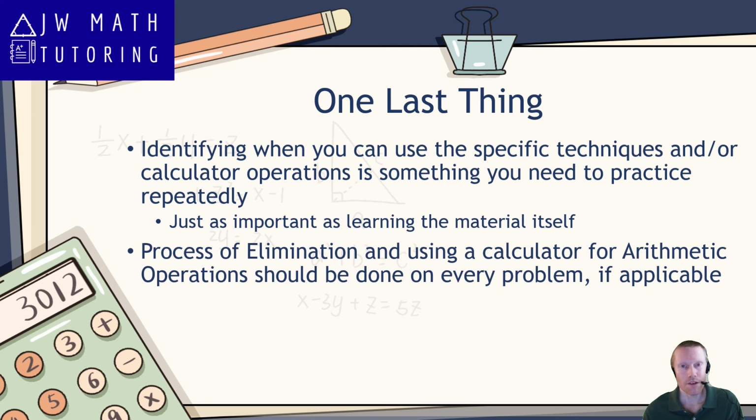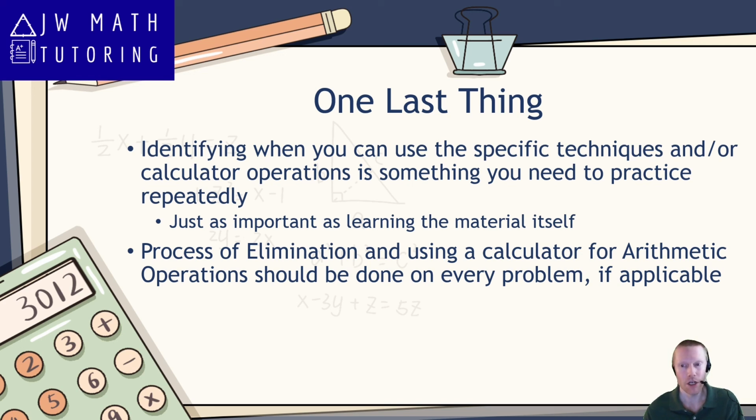Now, process of elimination and using the calculator for arithmetic operations are basically things that you want to do on every problem if possible. Obviously, process of elimination is not going to be able to be used on all 60 questions. And similarly with using a calculator, there's not going to be arithmetic calculations on every single question, or some of them are going to be really basic so that you don't need to spend the time typing the thing into it.